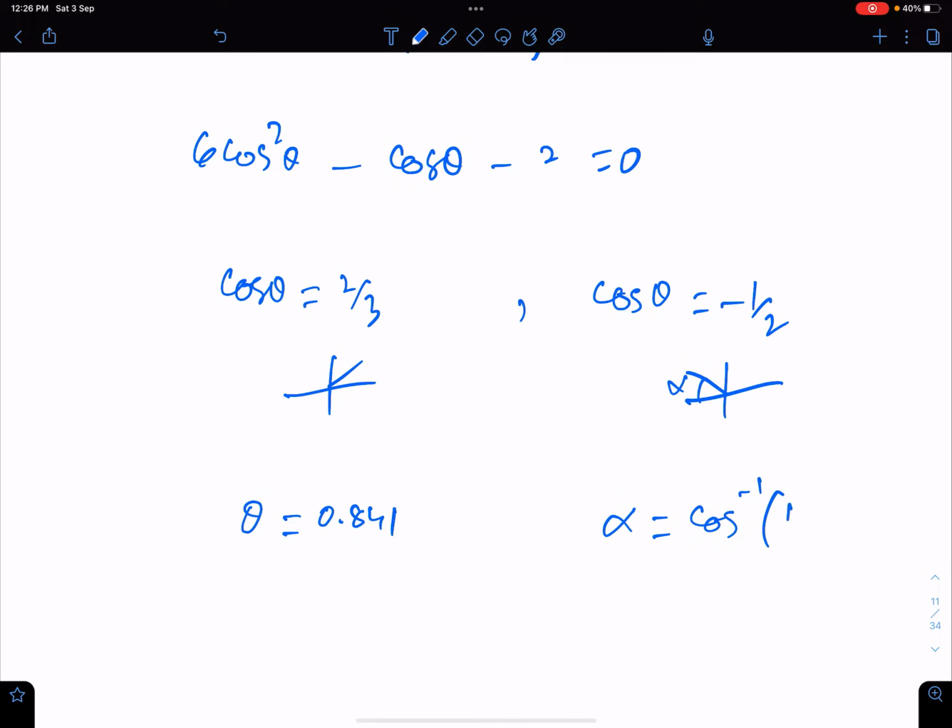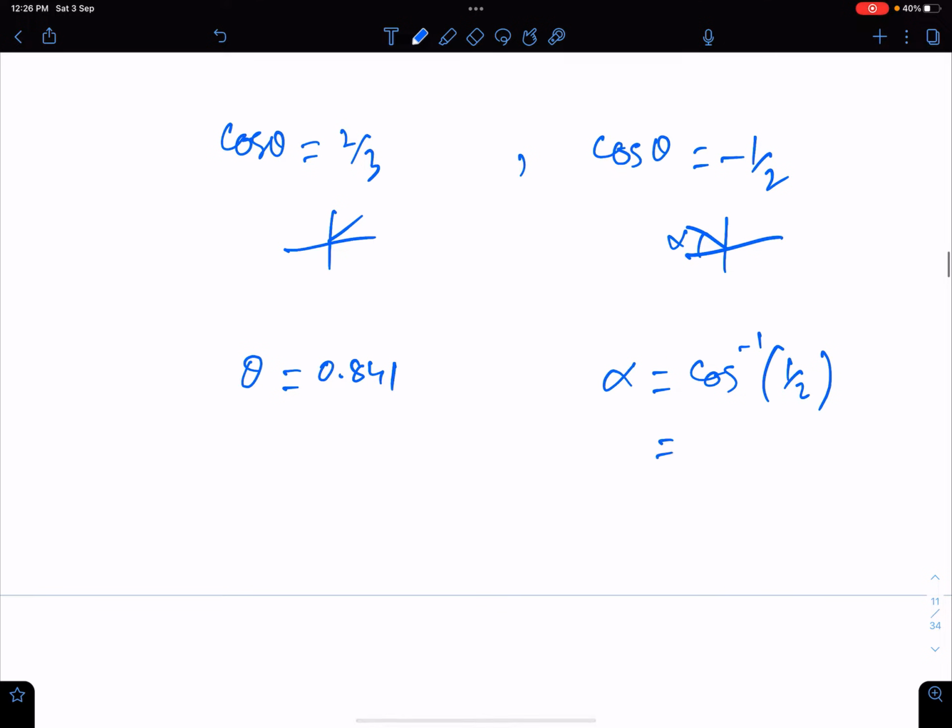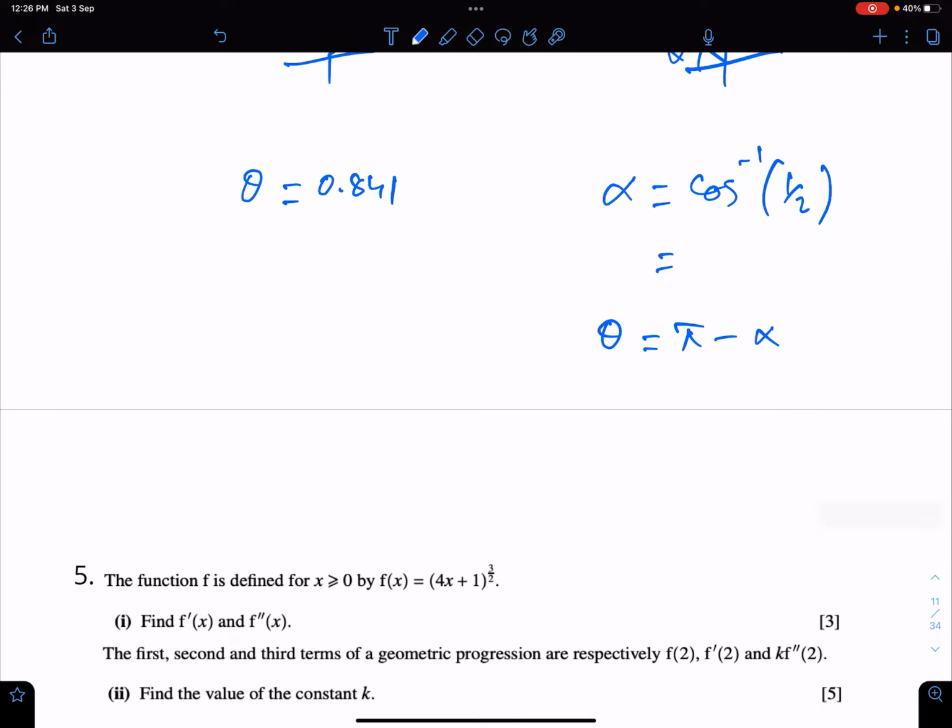Cos inverse half, cos 30 is pi by 3. I don't have a calculator right now, so you will check this value yourself. I'm not writing this value here, I'm just writing the answer. The answer is pi minus alpha. You can do this yourself.